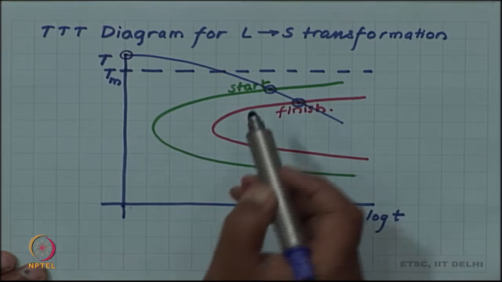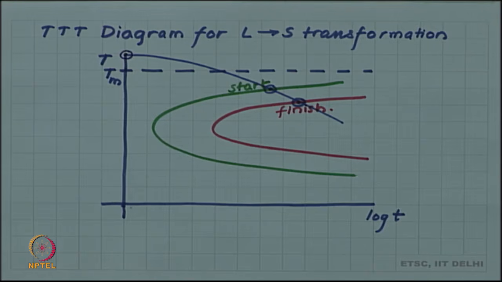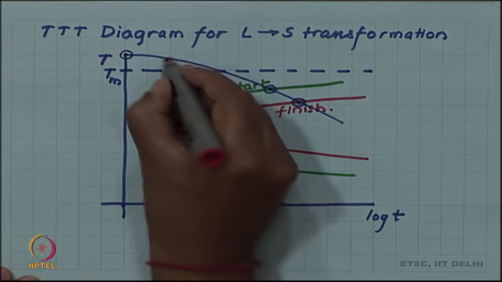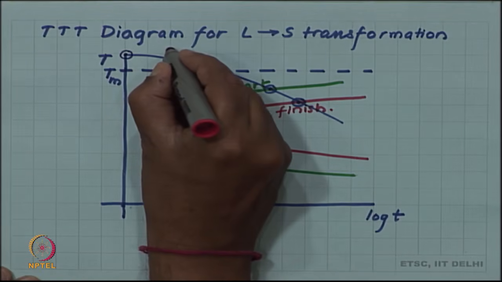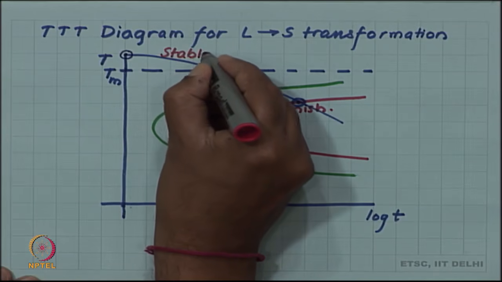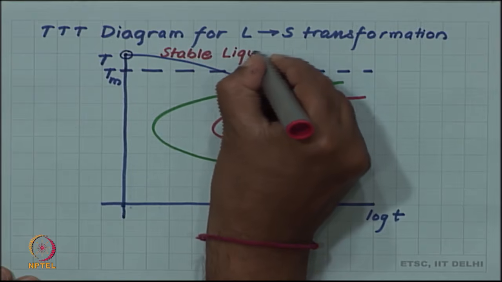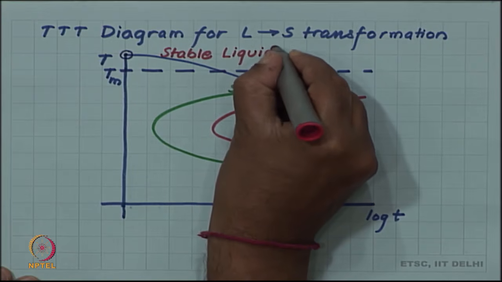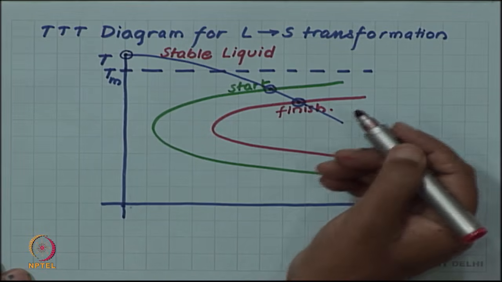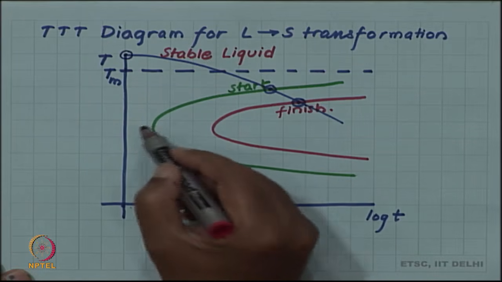So, let us first label the phases. Above the melting point you have liquid, and that is a stable liquid, that is a happy liquid, it does not want to transform. So, we have a stable liquid. Below the melting point liquid should transform, but before the green curve the transformation has not started.